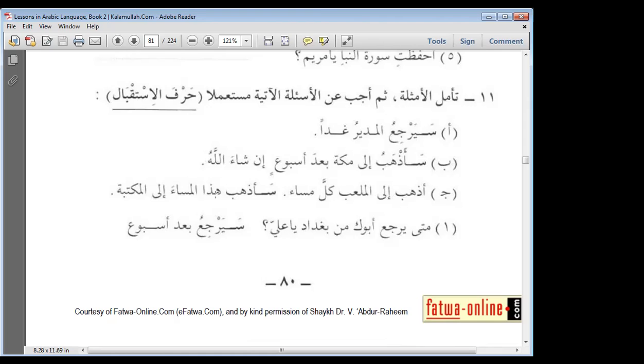Okay. And we are saying with the present tense, we can use it to refer to some future time by simply adding one letter. There are no various forms and so on. You just take that particular present tense verb that we're using in that sentence, just stick a harf in front of it, whether it's sin or sawfa, a particle, either the sin itself or sawfa, which is just 3 letters.